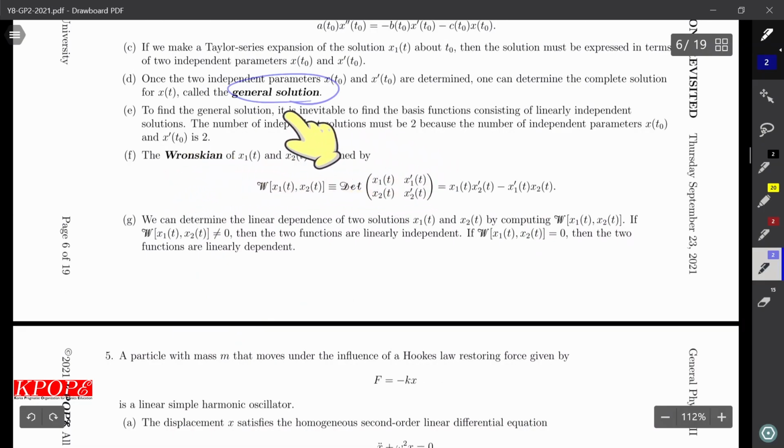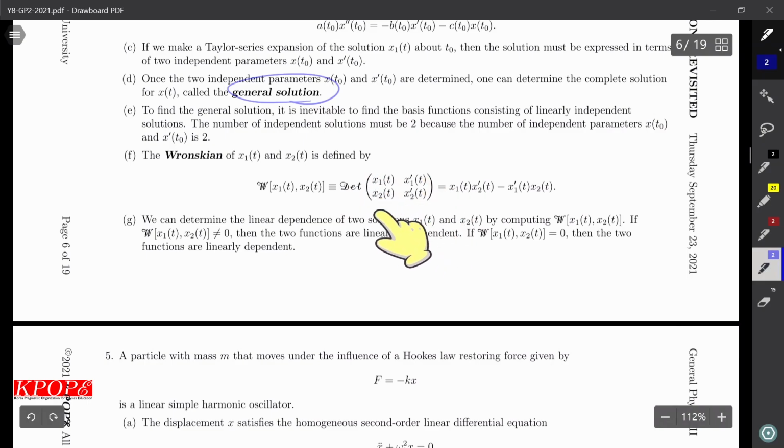The Wronskian is a very nice tool to determine whether any given 2 functions are linearly independent, for those functions that satisfy the second order linear differential equation. As I already told you, the solution to the second order differential equation has only 2 independent parameters, the function and its derivative. So it is sufficient to compare the functional values and first order derivatives for x1 and x2, the given functions.